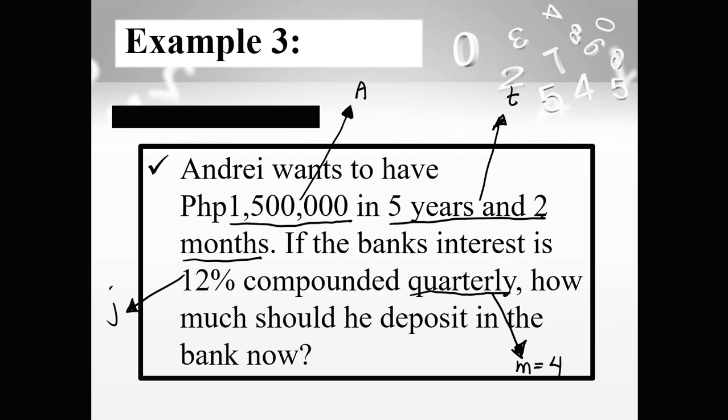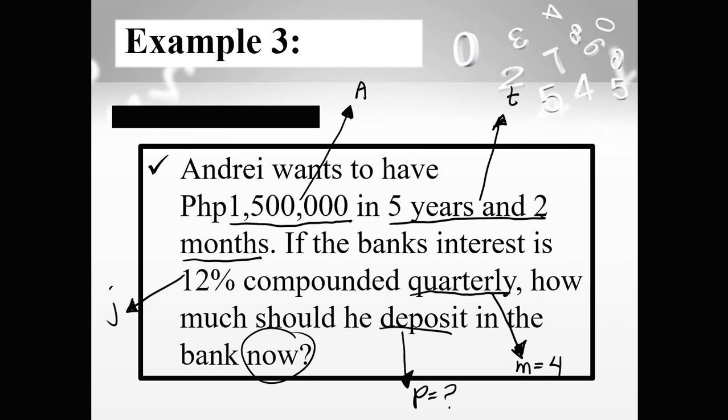Ayan. How much should he deposit in the bank now? Magkano daw po yung i-deposit niya sa bangko ngayon para after 5 years and 2 months magkaroon siya ng 1.5 million. So, ano po ang nawawala? We are solving for the principal amount.